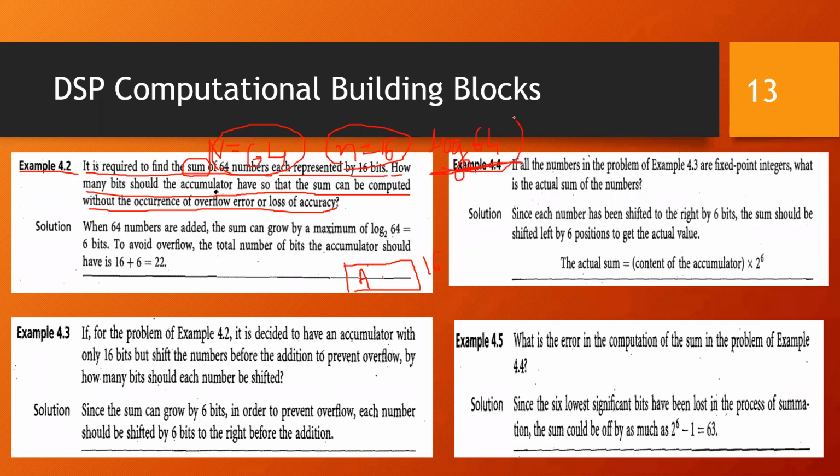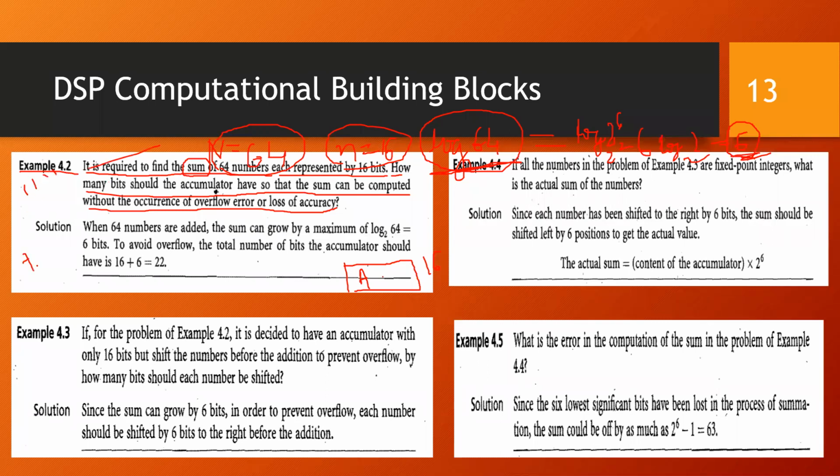So how many excess bits are present in this case? It will be log 2 raised to 6 to the base 2. So it is 6 into log 2 to the base 2, which is 6. So 6 bits are in excess. Suppose all the numbers are 1, 1, 1, 1.